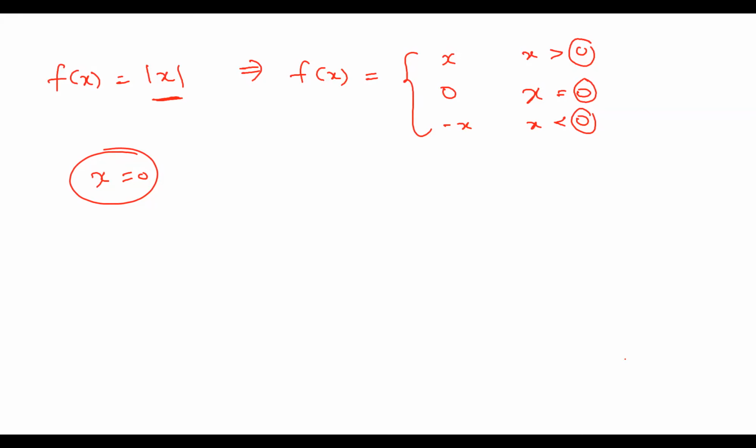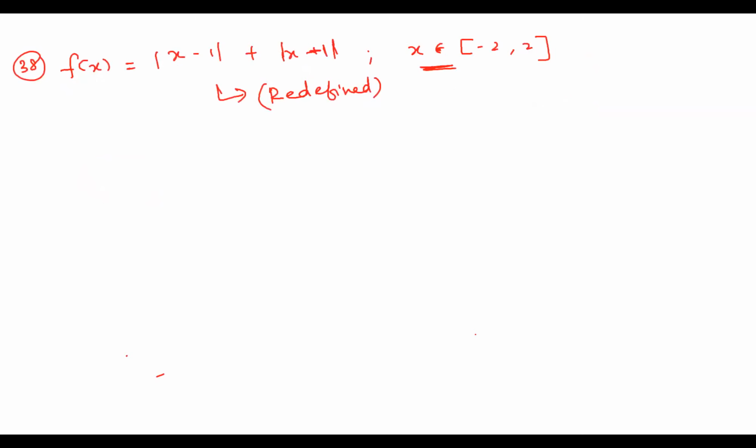Now, having said this, if I observe mod of x minus 1 and mod of x plus 1 separately, if I observe mod of x minus 1, where should I break that function? I should break the function where x minus 1 is equal to 0. So when I write x minus 1 is equal to 0, x is equal to 1. Similarly, for mod of x plus 1 equal to 0, I need to break it at minus 1. But what is the domain of the function?